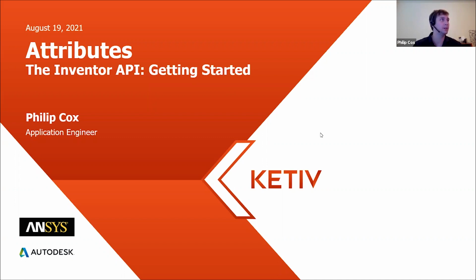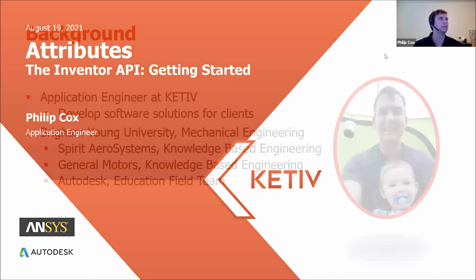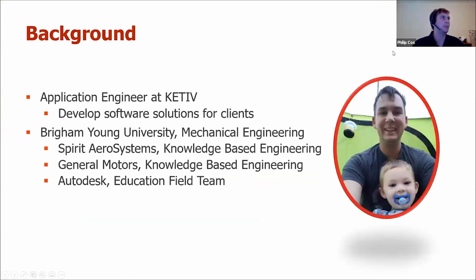If you haven't been on a session with me, I'll give you a little intro. I'm Philip Cox. I'm an application engineer at KETIV, and I develop software solutions for our clients, which is really fun because I get to touch a lot of different kinds of problems and different types of manufacturing.